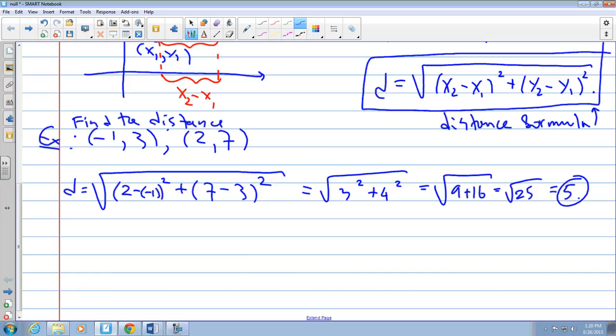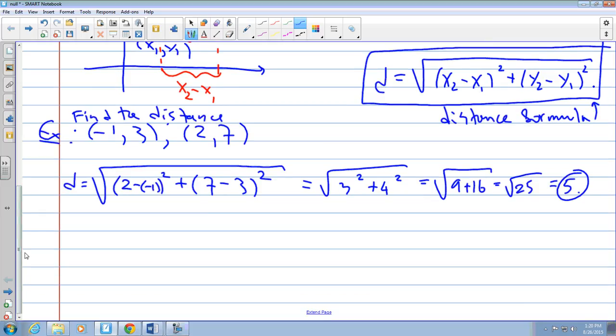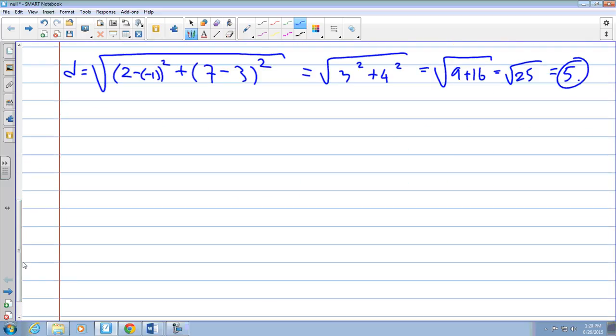Any questions on this? Does that make sense? Sometimes answers come out ugly. For example, let's say you did a lot of work and you get distance equals the square root of 52. What can you do with that?